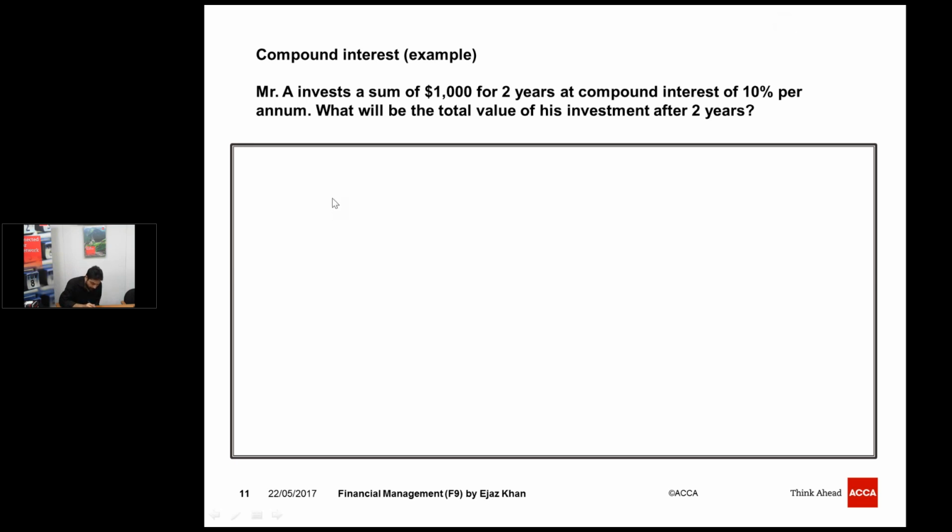Let's solve it. We are standing at point 0. Remember, in investment appraisal, when we say 0, it means now. It's a starting point.